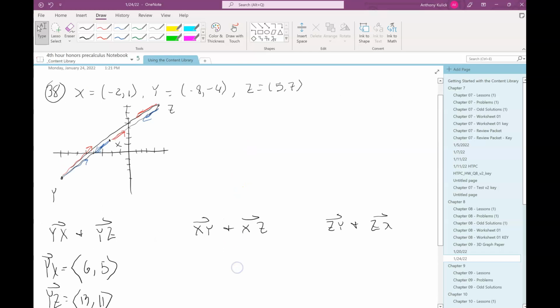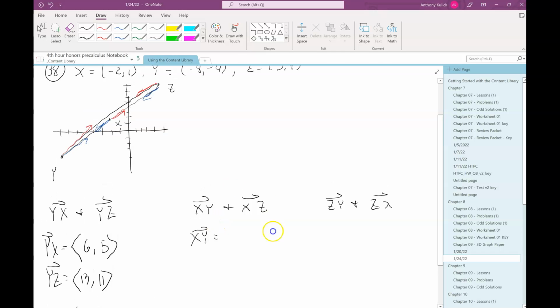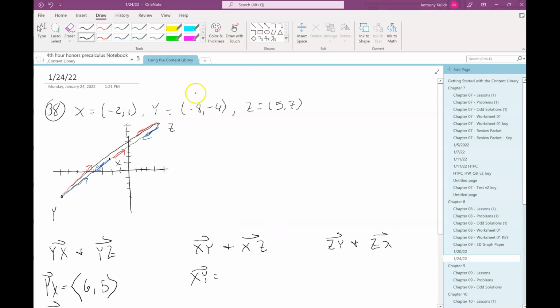All right. This next one I'm expecting to be monstrously big, but I'm just going to do the exact same thing. So head minus tail is -8 minus a -2, so that's -6. And I have -4 minus 1, so that's -5.